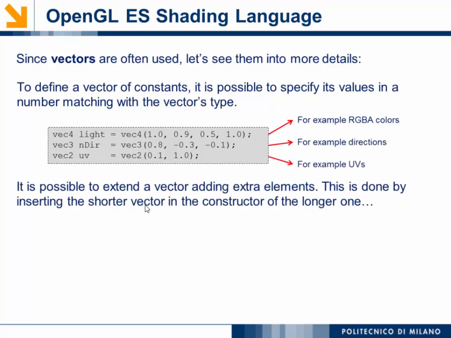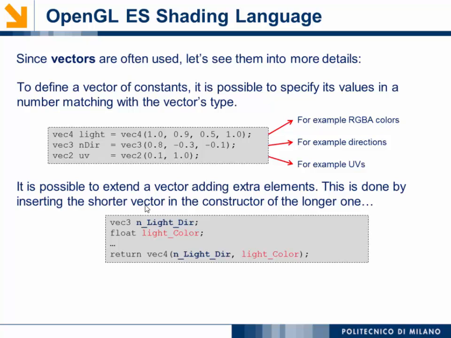Okay. The interesting thing is that we can extend a vec2 to a vec3 simply by inserting in the constructor the shorter vector plus the extra element that we want to add. For example, we have a vec3 for a light direction, and a fourth value that we want to add to it.